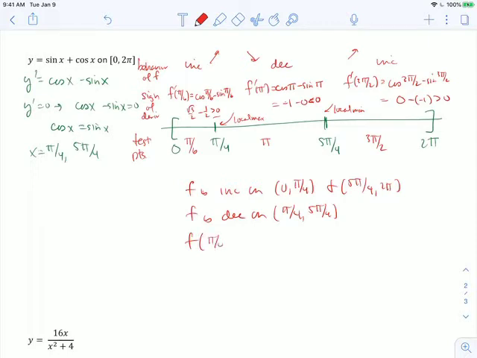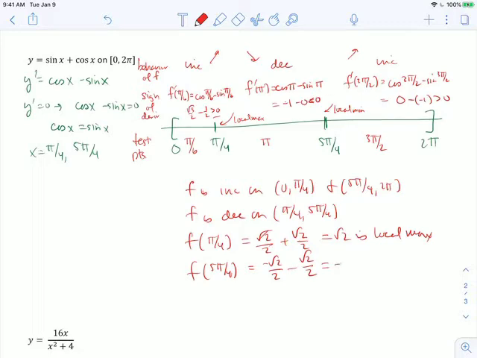F of pi over 4, which we saw last time, is square root of 2 plus square root of 2 over 2, which gives me the square root of 2, a local max. And f of 5 pi over 4, which is negative square root of 2 over 2 minus square root of 2 over 2, equals negative square root of 2, is a local min.